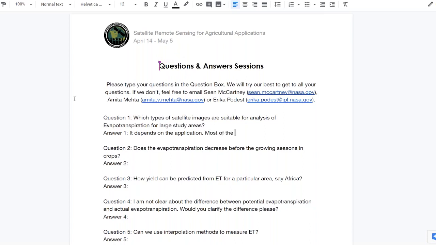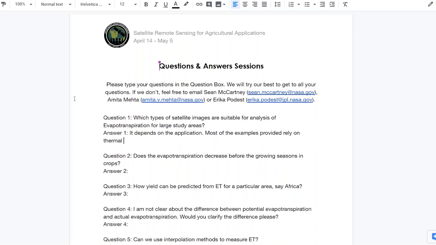For the model that I work with, ALEXI, we run with essentially moderate resolution land surface temperature from a geostationary satellite, so really looking at that mid-morning rise in land surface temperature. Those are on the scales of 2 to 4 kilometers. If you really want to understand evapotranspiration for an agricultural application at the field scale, you really need to get down to that Landsat, ECOSTRESS, 30-meter scale.